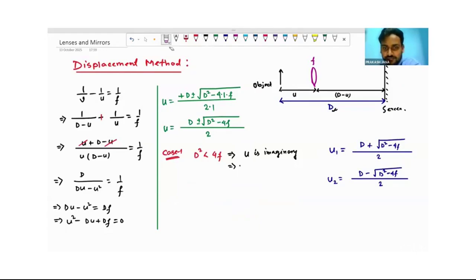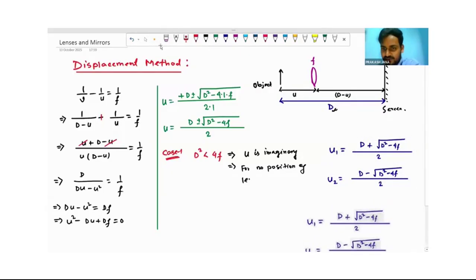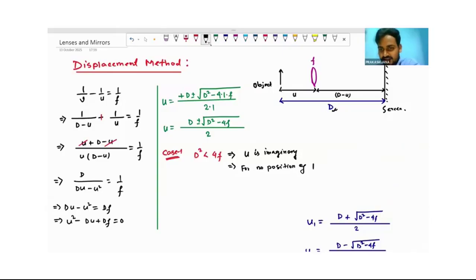For no position of the lens, image will be formed on the screen. That is, image will not be formed.